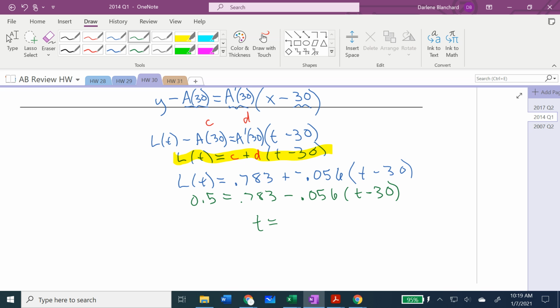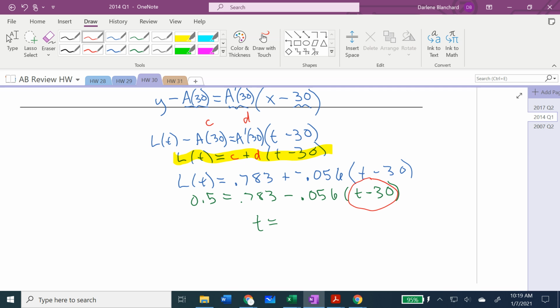Then to continue isolating t, I'm going to next divide by negative 0.056. So I am dividing by, and what I'm actually dividing by is just plain the number D. And I have to find my D. There we go. And then at that point, that number is equal to t minus 30.